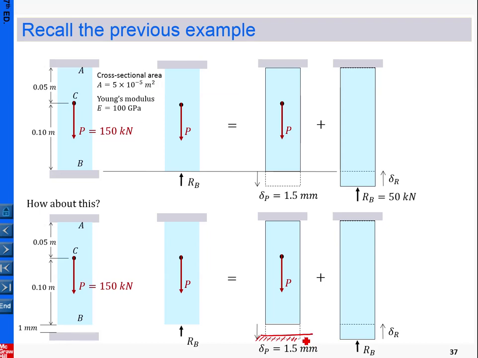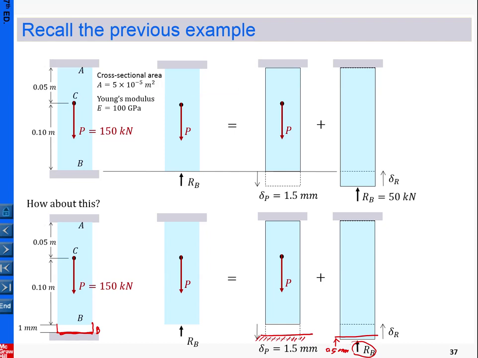So in our model, that is where the reaction is produced. This reaction is going to push back by 0.5 millimeters only, to maintain end B. Once it touches, B will stay here.